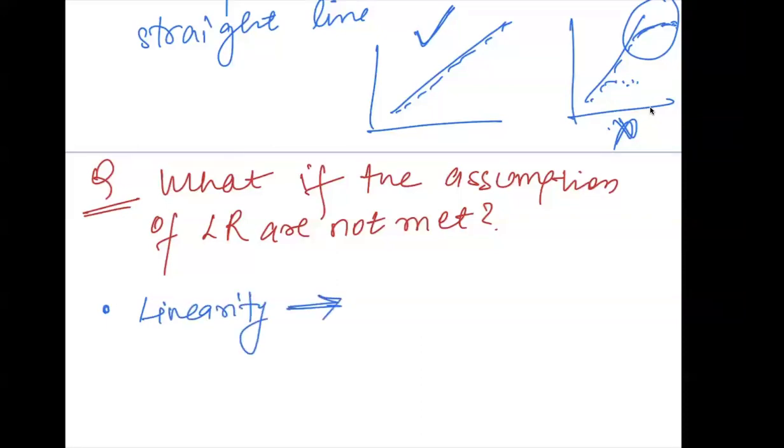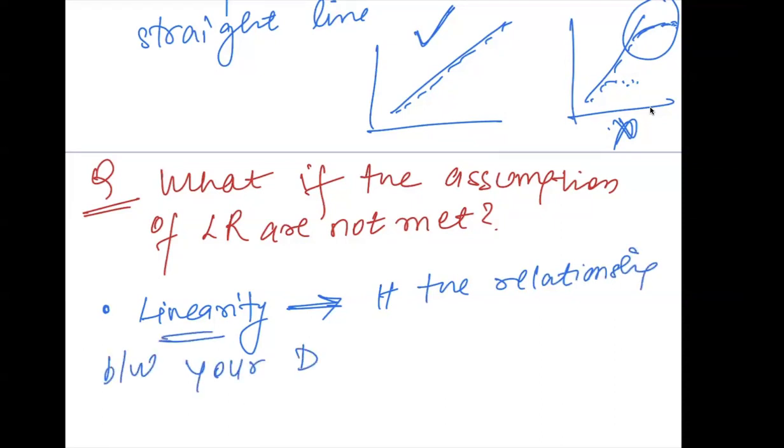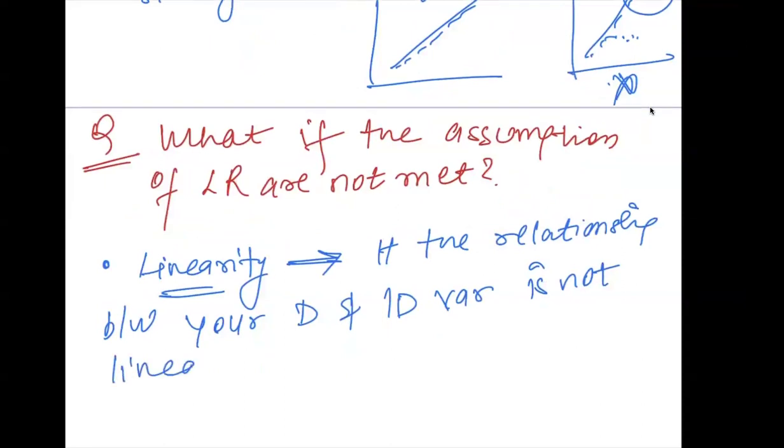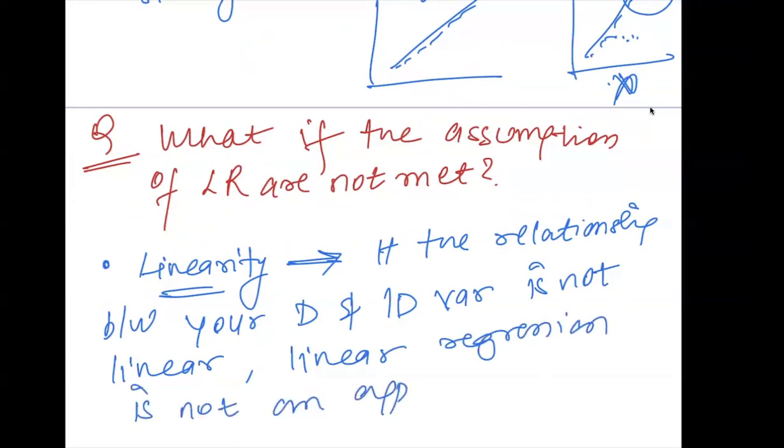If the relationship between your dependent and independent variable is not linear, I mean, if the relation itself is not linear, then what it means is linear regression is not an appropriate choice.